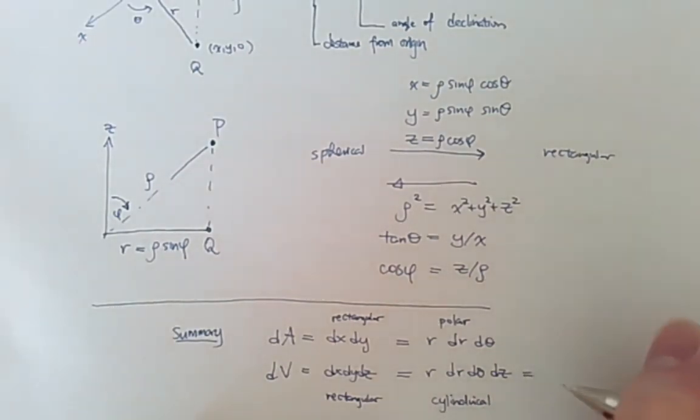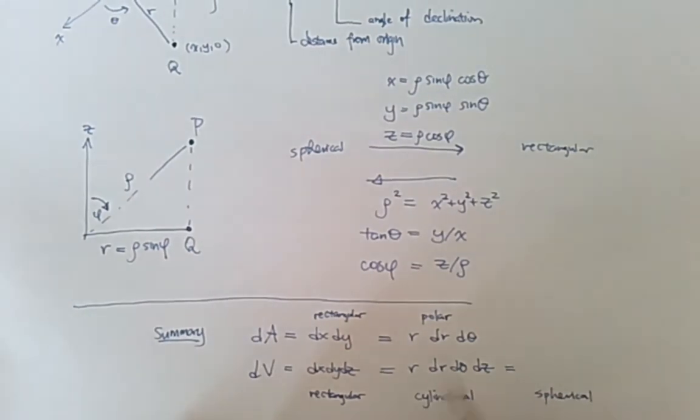For spherical, we need to do a lot of geometry, so I'll skip the details. Just like how r popped out when we were calculating the area, here we're calculating volume, and naturally if we do the calculation, we'll see rho squared sine phi pop out. So don't ask me where this came from because I don't want to explain it.